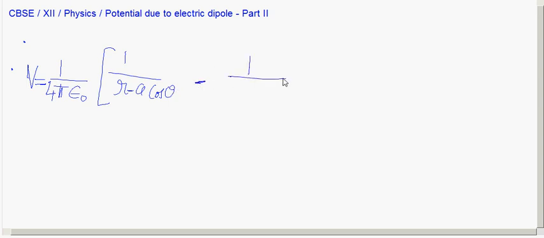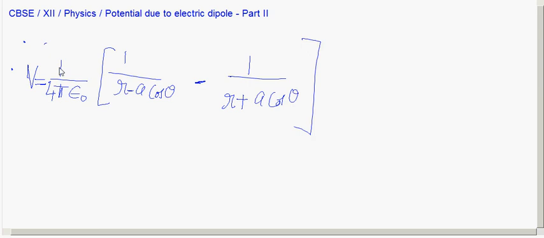If you can recall, we arrived up to the potential V is equal to 1 by 4 pi epsilon naught into 1 divided by r minus a cos theta, minus 1 divided by r plus a cos theta. So we have derived up to this, and now in this class we will simplify this expression.